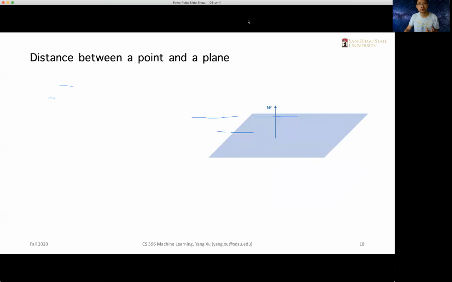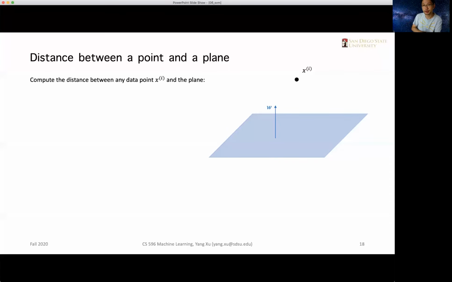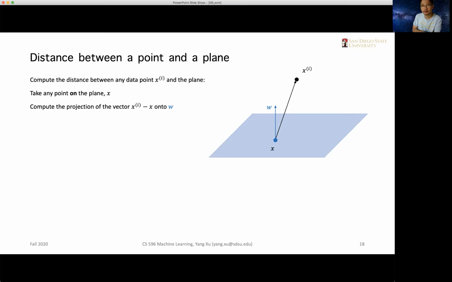And then we're going to use this quantity to come up with the measure, the margin. So now we need to compute the distance from any data point outside the plane to the plane, using the W vector. We simply need to take any point on the plane, say x. Then we create a vector, xi minus x, and we project that vector onto w, because w is perpendicular to the plane.